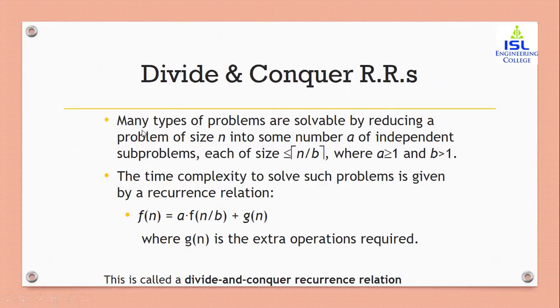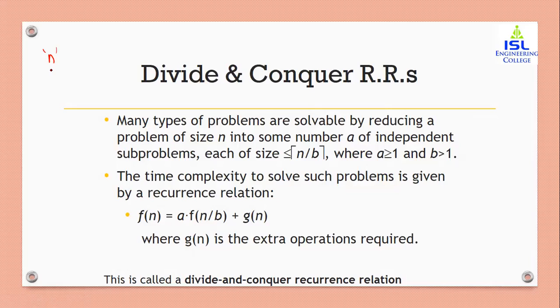Now, what do you mean by divide and conquer recurrence relation? Many types of problems are solvable by reducing a problem of size n into subproblems. Suppose that the recursive algorithm divides a problem of size n into subproblems where each subproblem is of size n by b.